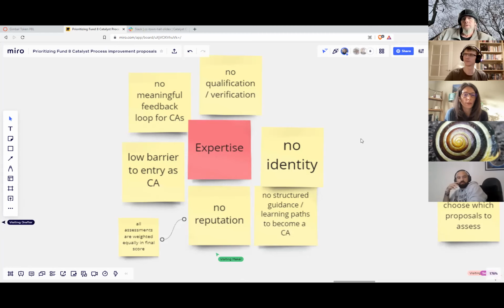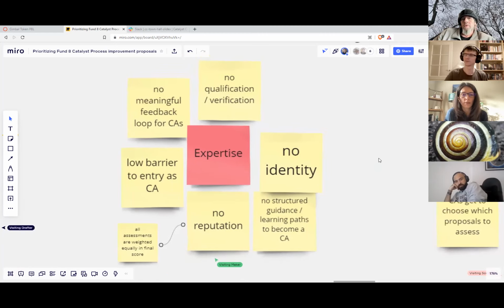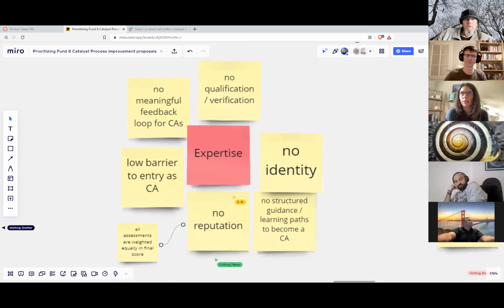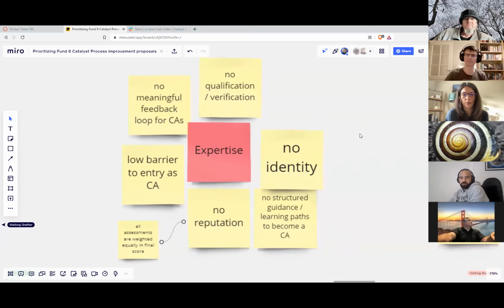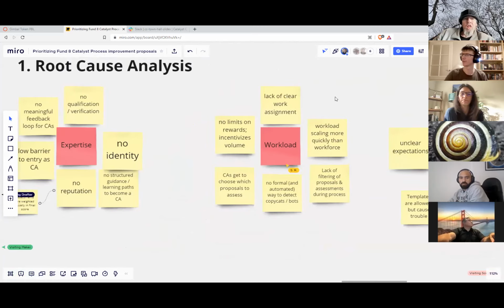And then there's no meaningful feedback loop for the community advisors, which I'm going to take to mean that unless they are rated good or excellent or have their assessments approved, there's no real way to say, this is why this was excellent, here's what you can improve on, so that person can continue in their growth. Is that correct? Yeah, yep. No qualification or verification. Yeah, so I think that sits with the other ones there. Yeah, cool. Thank you.